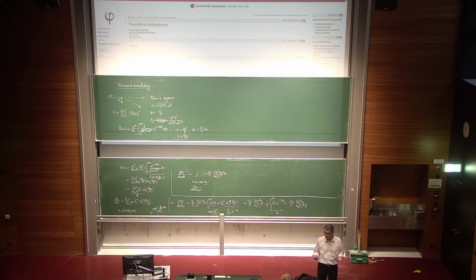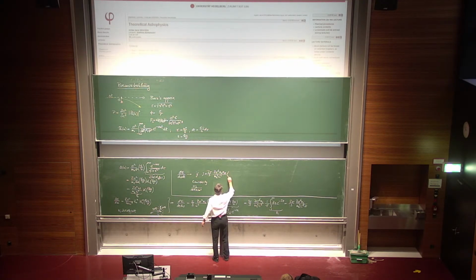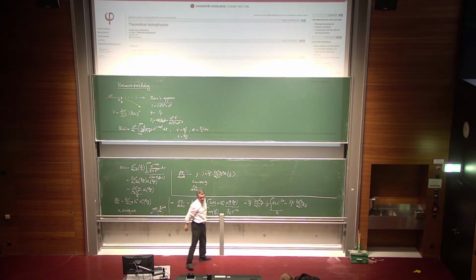Velocity distribution. Thermal equilibrium. Velocity. Maxwell-Boltzmann, exactly. All right, so I'm assuming they're going to have a Maxwell-Boltzmann distribution, then I have to average the 1 over v over the Maxwell-Boltzmann distribution here.